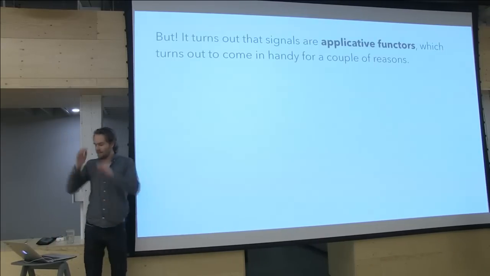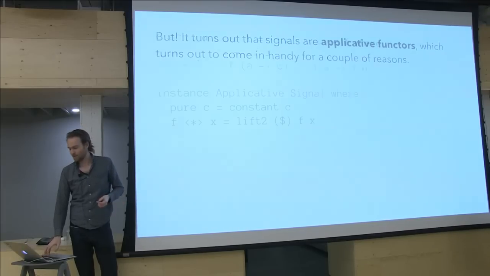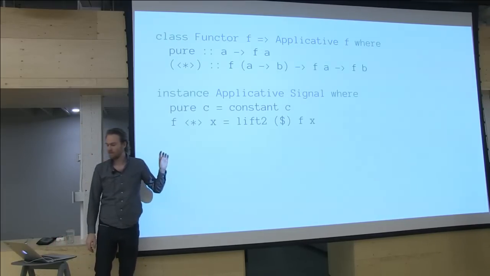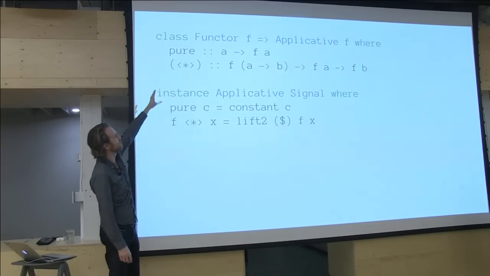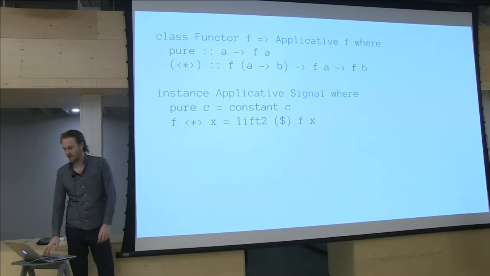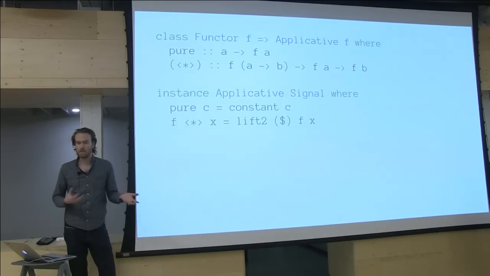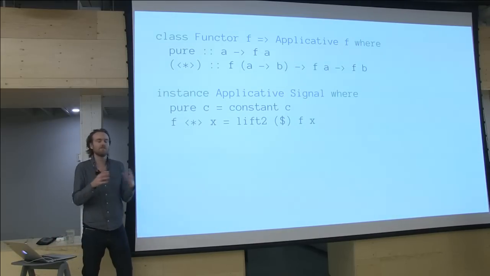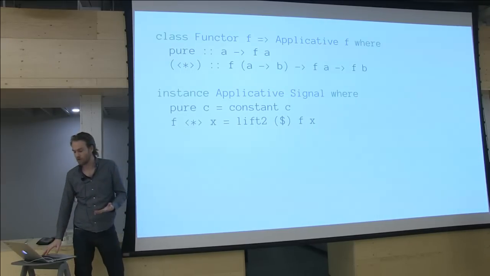But it's okay. Turns out that signals are applicative functors, which is nice for a couple of reasons. Here is the definition of what applicative means up top. Don't worry about this too much if you don't know what applicative is. Think of it like a protocol, and signals can meaningfully implement this protocol.